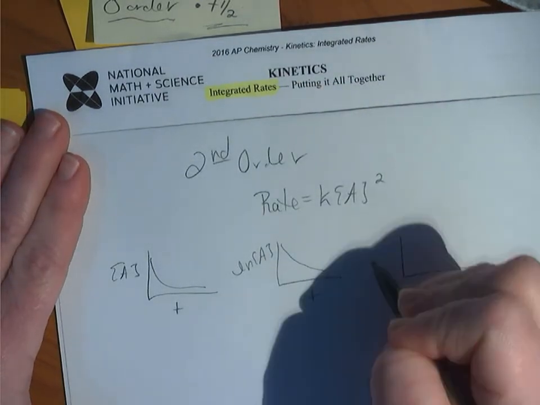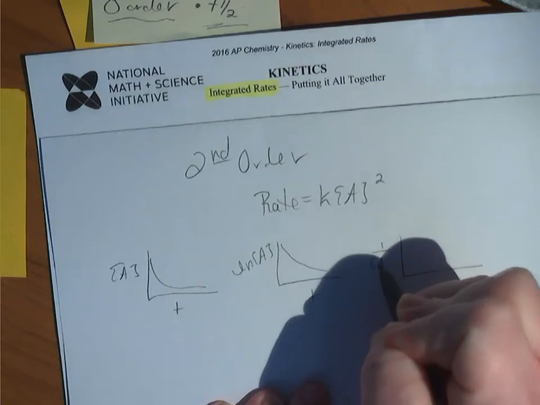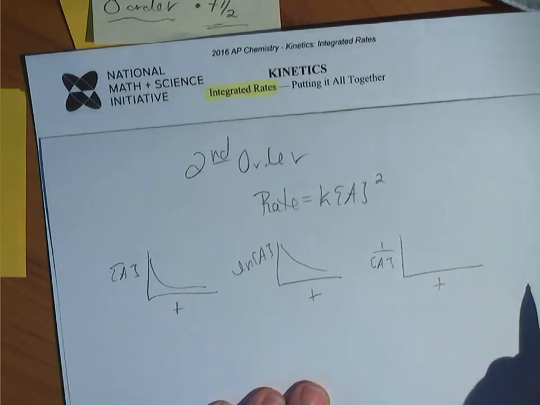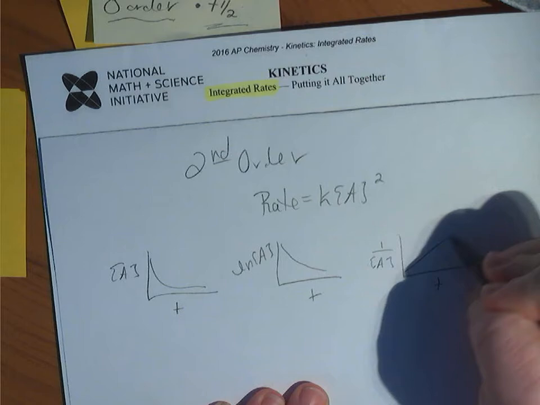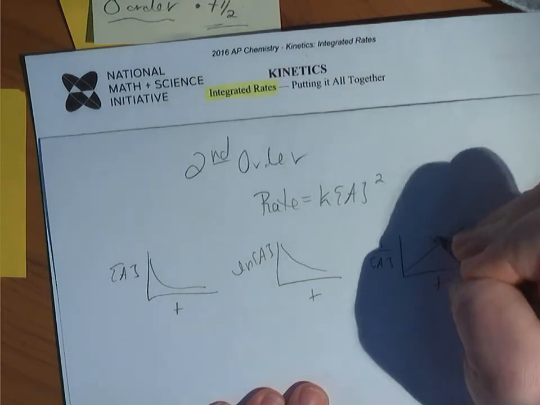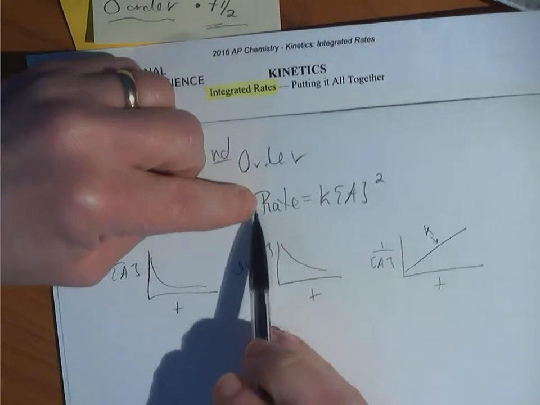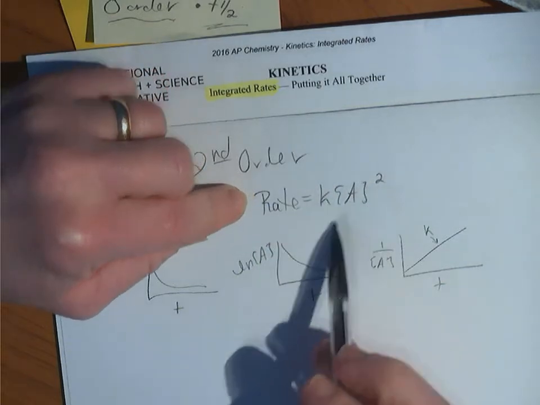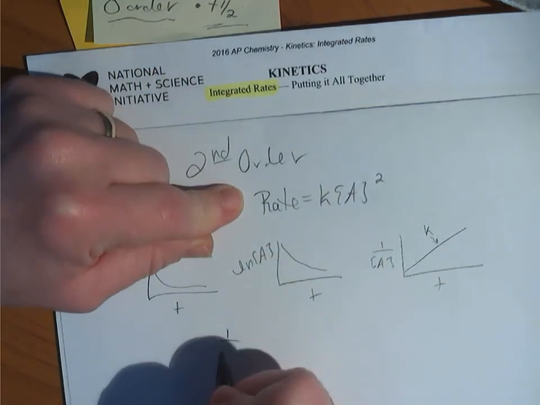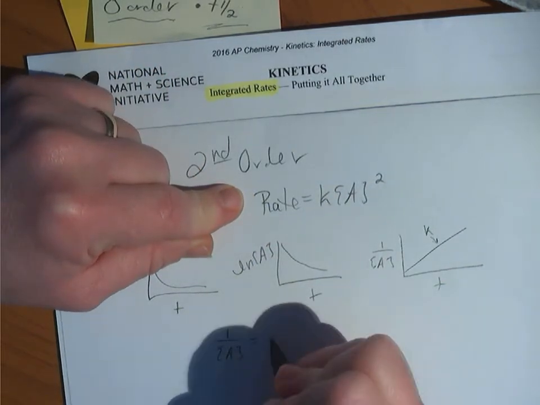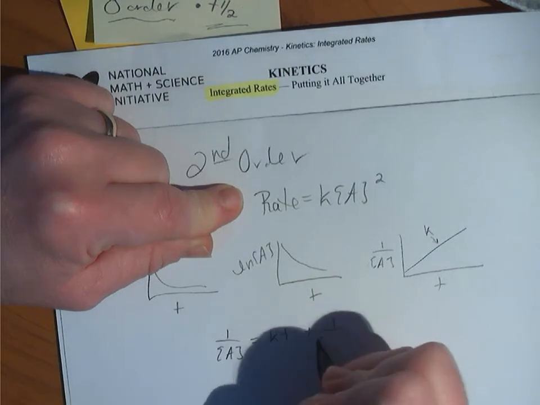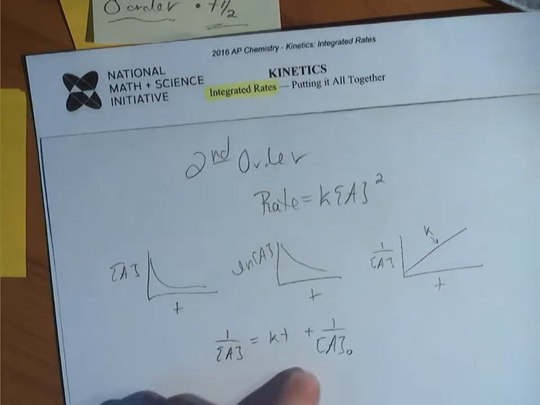However, if we would graph the inverse of concentration versus time, we get a positive slope, linear, and that's our k. Because when you integrate a second order reactant, we get the equation of 1 over A equals positive kt plus 1 over the initial concentration of A.